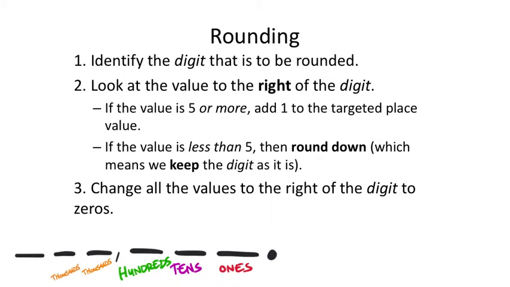So this one right here, immediately to the left of the comma would be just regular thousands. But the one just to its left would be the 10,000s.